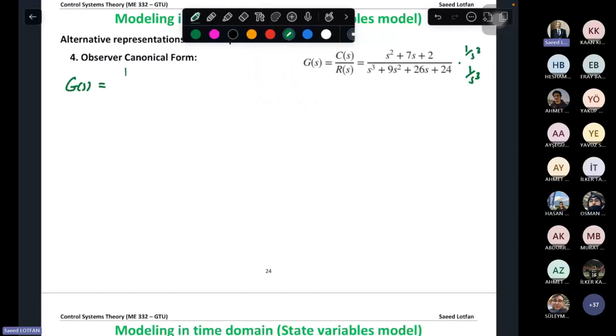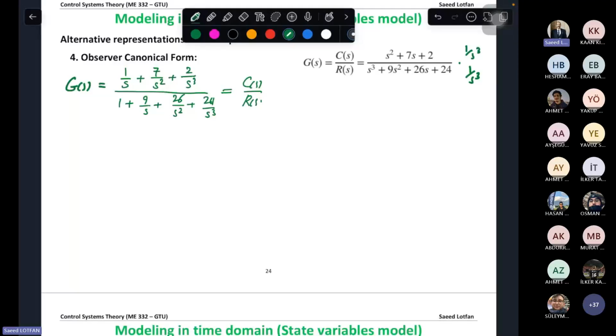So you will get 1 over s plus 7 over s^2 plus 2 over s^3, and this is like 1 plus 9 over s plus 26 over s^2 plus 24 over s^3, and this is like C(s) over R(s).